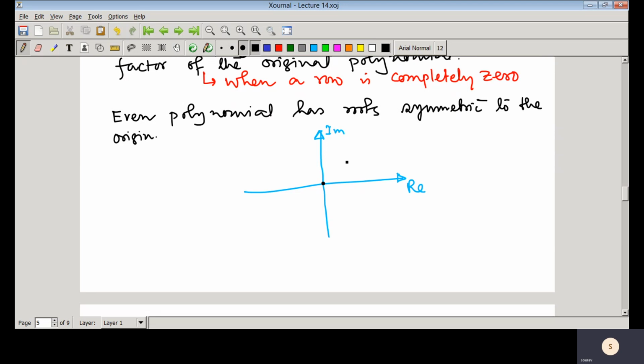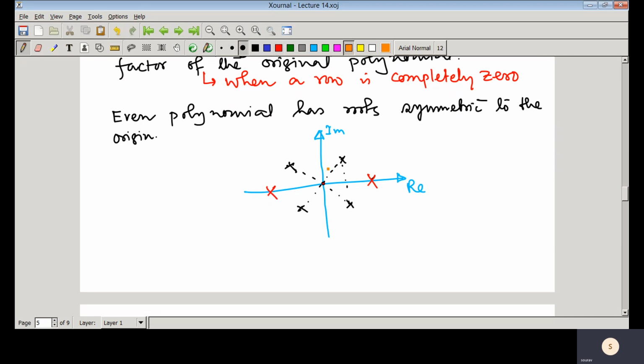If you have a root here, then obviously there should be one complex conjugate root, and as it is symmetric to the origin, there should be another root here, and another root here.